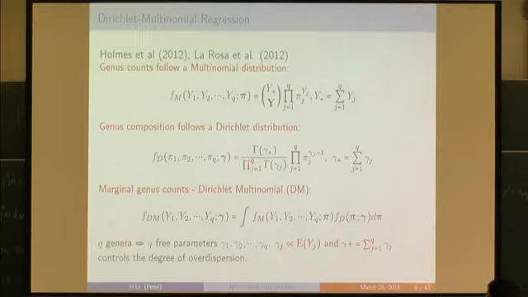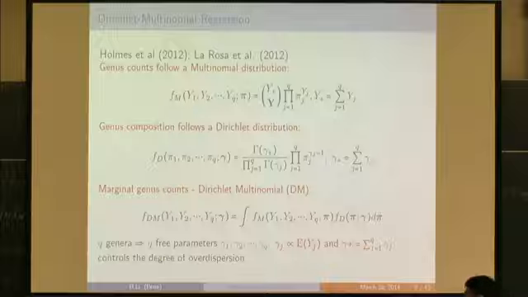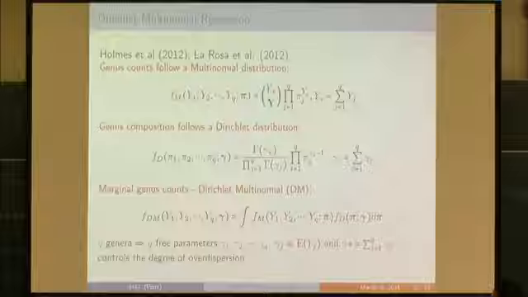And the reason you want to include this Dirichlet component is really to try to model what we call the over-dispersion. Over-dispersion, basically, is the variability you observe in the data, which usually is much bigger than the variability that you can predict from the multinomial model.